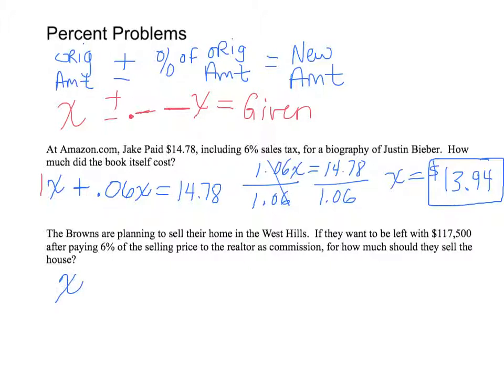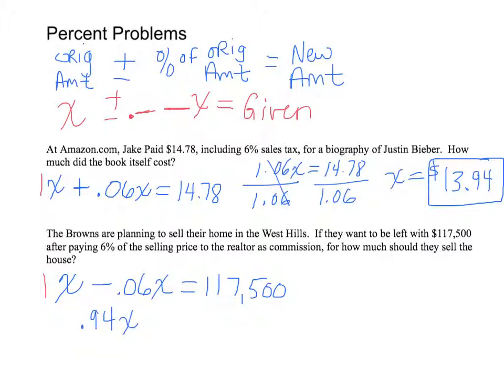So that's x. This time I'm having to give up 6%. So x minus 0.06 of x. And after I give up 6%, I should be left with $117,500. So now I have, this is really a 1, so 1 minus 0.06 is 0.94.